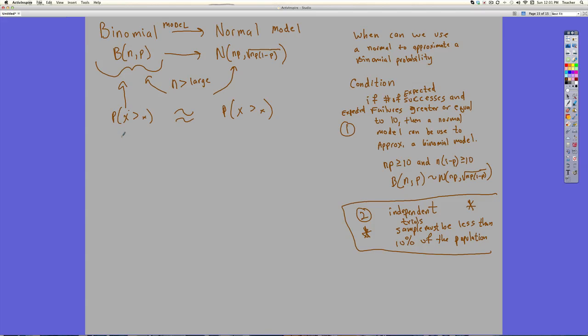Let's say you're bowling, and there's 10 frames, and the chance you get a strike is 70%. It's probably pretty high, but say the chance you get a strike is 70%. Actually, I'm going to make this 5 frames, just so we can see this.